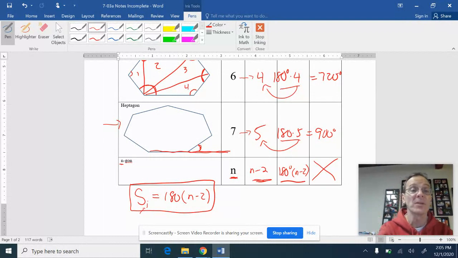And we have formulas involving the sum of the exterior angles also. We're not going to talk about those this year. It's one of the things that we're just skipping. But that's why this formula, this capital S, has a lowercase i written next to it. If exteriors didn't even exist, we wouldn't need that little i there. But that i stands for interior, okay?